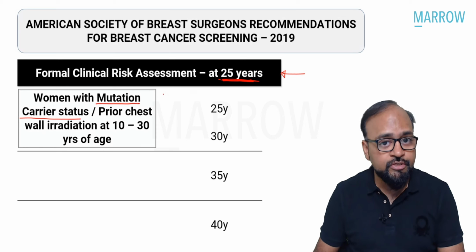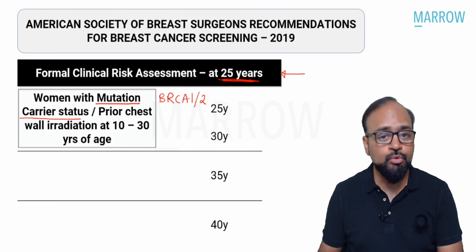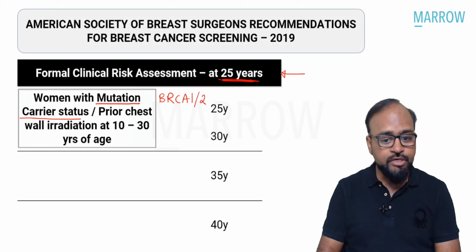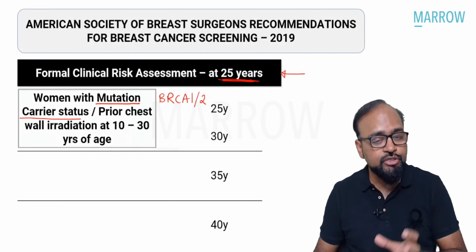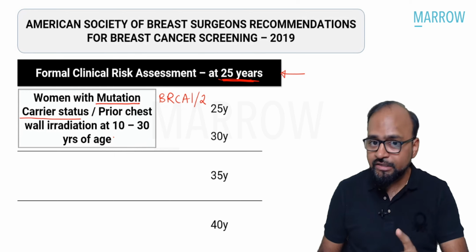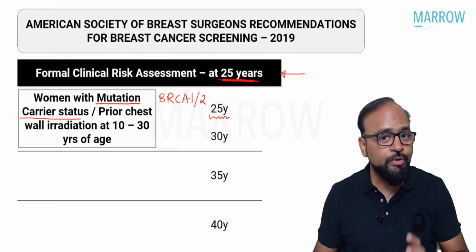Which is the mutation responsible for breast cancer? Yes, it is BRCA1 or BRCA2. So if the patient has a mutation status positive, or the patient has had prior chest wall irradiation at 10 to 30 years of age, then the patient has a very high risk of developing breast cancer. We have to start immediately at 25 years.